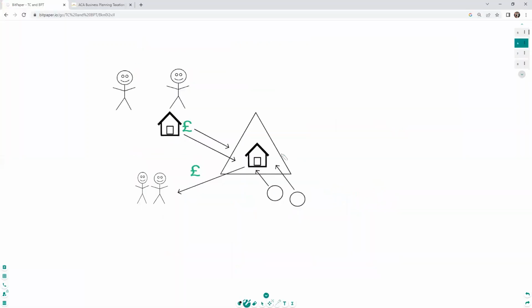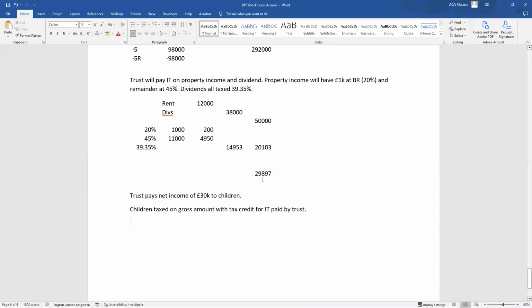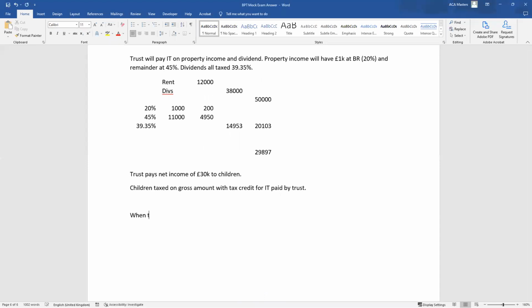So if the trust sells one of these assets, so either the shares or if it sells the property, it will be taxed at the usual rates, but the annual exemption will be reduced. So we can say when trust sells assets, CGT payable, so you say annual exemption will be half of usual annual exemption.